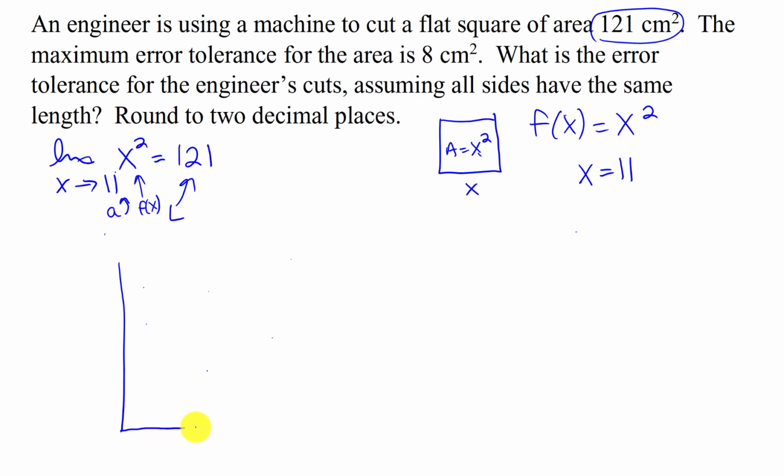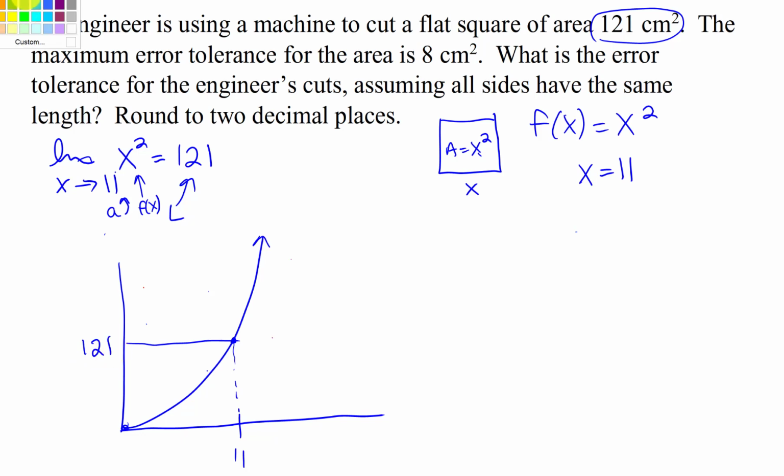So this is obviously not going to be drawn to scale. We've got a parabola here. We just need the right piece of it, and somewhere over here at 11 we know that the area is going to be 121. Now they're giving us this error. That's our epsilon. It can be 8 square centimeters.